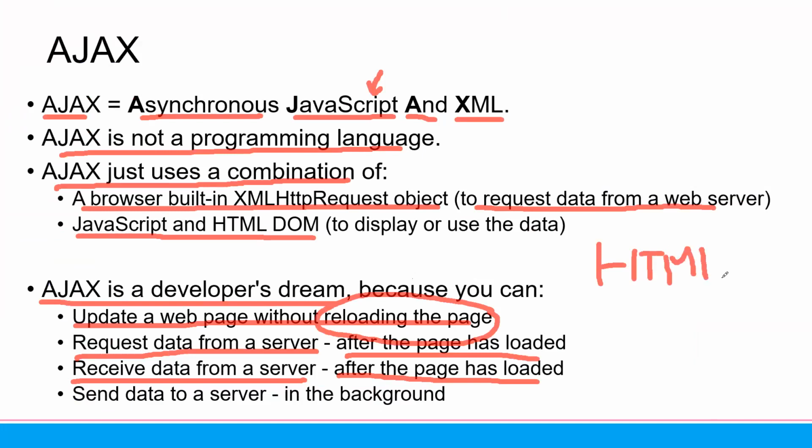The HTML will remain as it is, but the connection between the server and the client will be through JavaScript. So the HTML will just stay as it is, and we send data to the server in the background. We will not refresh the HTML, but we will just deal with the background here.